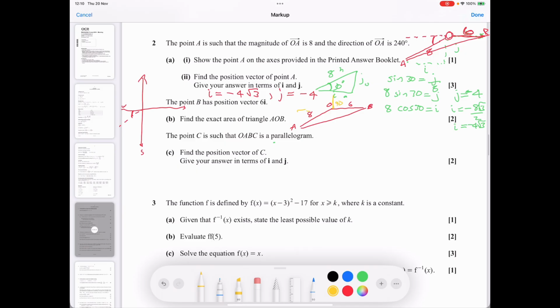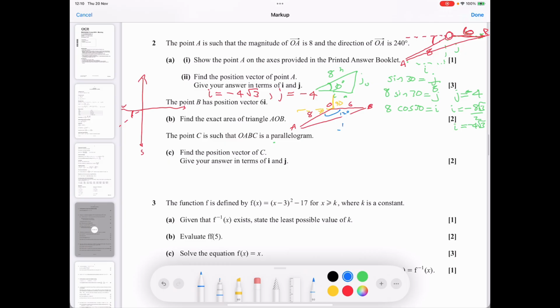And we know that this bit there is 30. So this angle here, which we need to find, is 240 minus 90 minus 30. So it's 240 minus 120, which is 120.